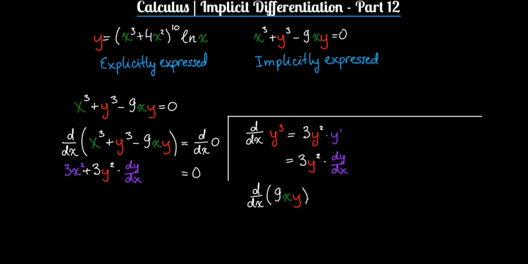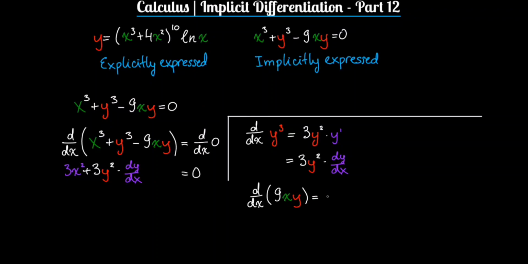Next up, we differentiate the third term, the 9xy. Here, we have a multiplication between two functions, 9x and y. This tells us that we will have to employ the product rule.